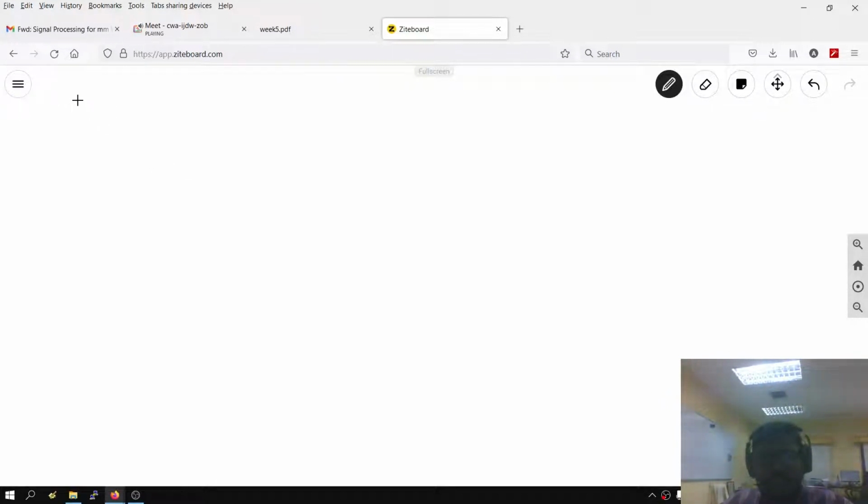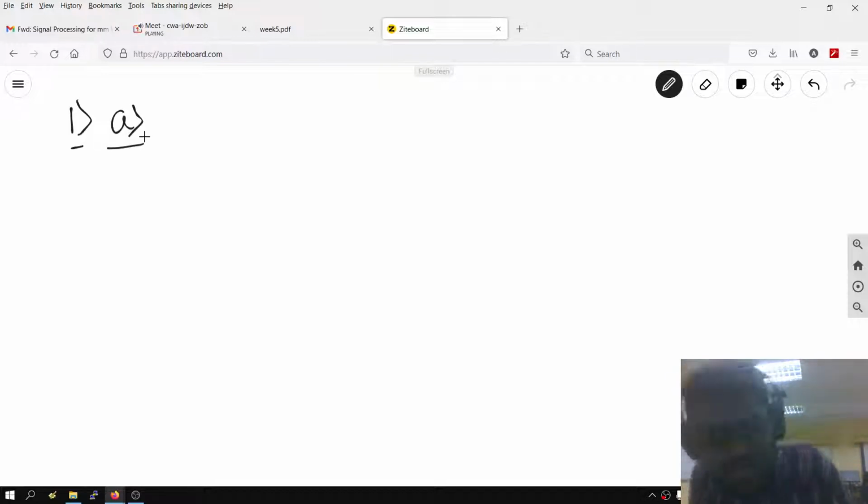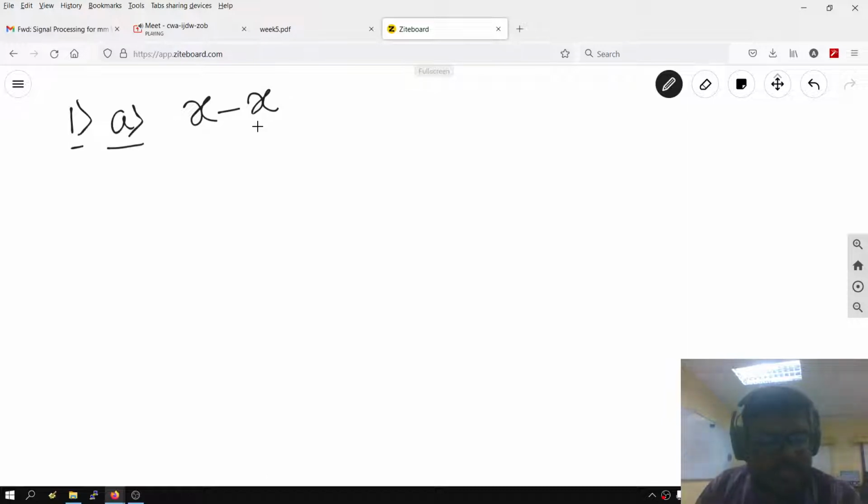The first question, option A, was x minus x cap mod square.